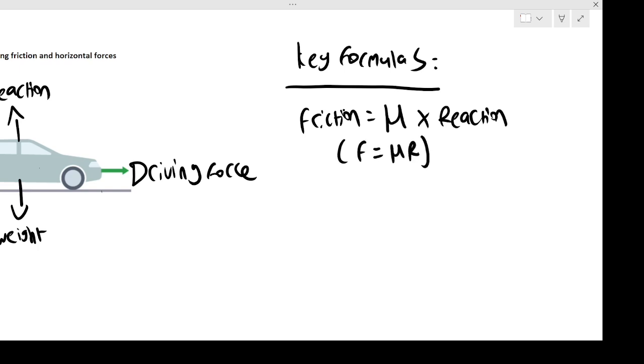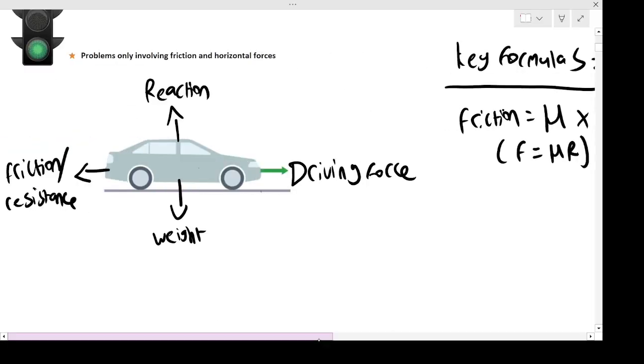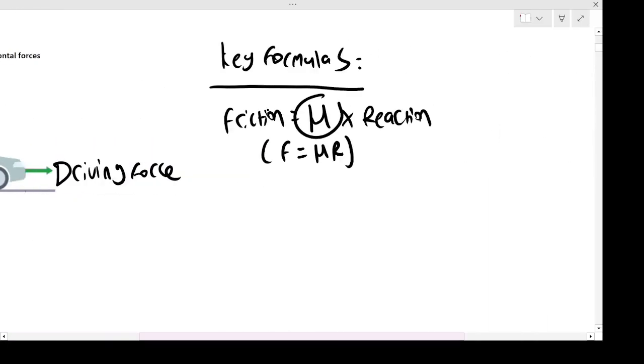So what this is saying is friction is a multiple of the reaction. Now, more specifically, this mu is what we call the coefficient of friction. I'll make a note of it here.